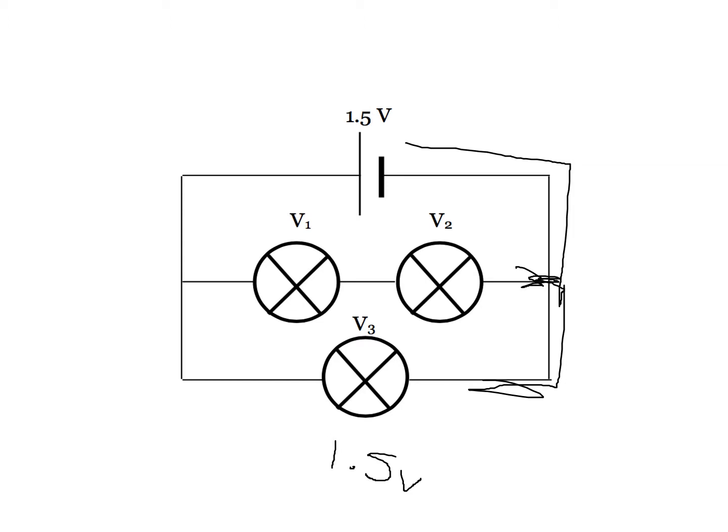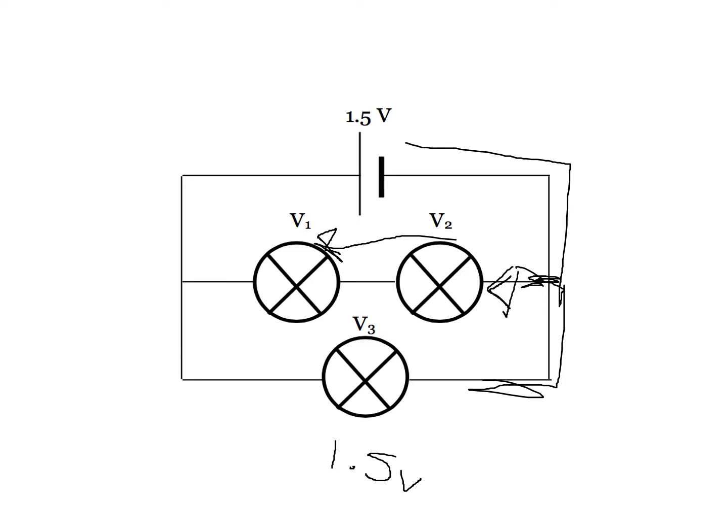But then the tricky bit comes in this top branch here, which has V1 and V2. So my question for you now again is, what type of circuit is it? Give you 5 seconds to think about it starting from now. So if we think about the way current flows through this branch here, there's only really one way for it to go once it enters this branch, isn't there?